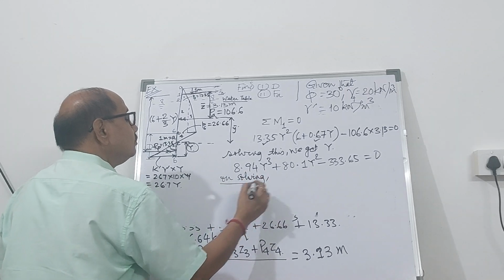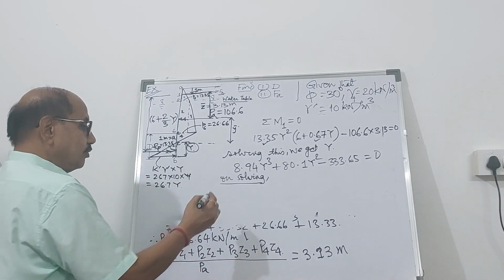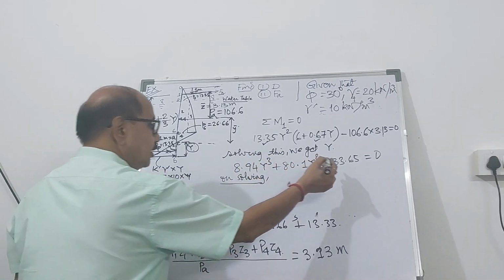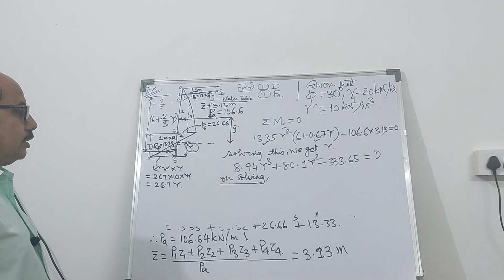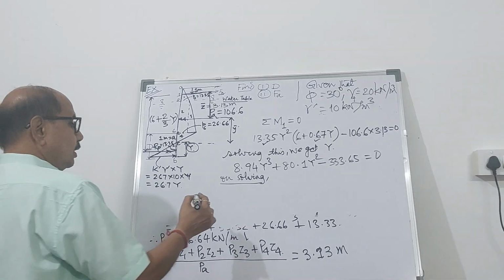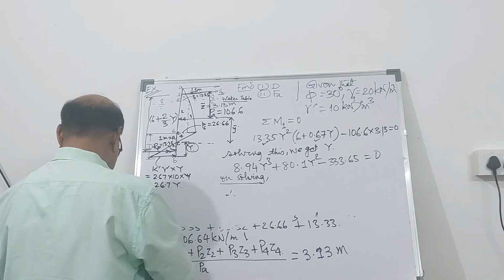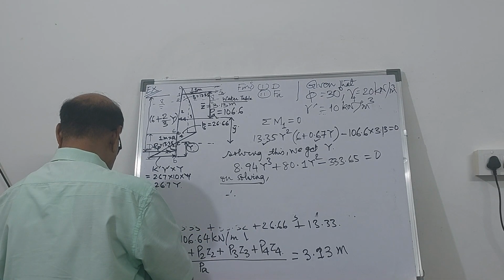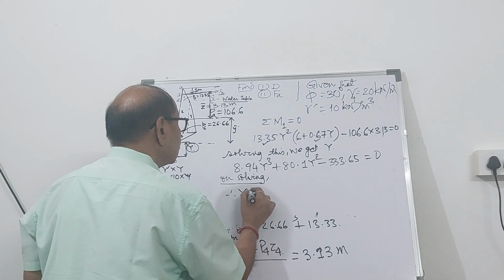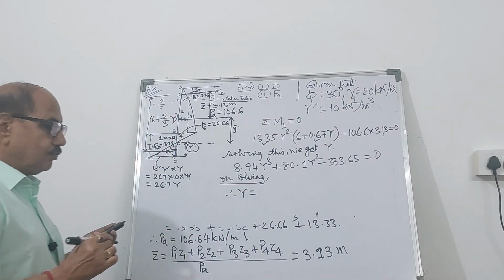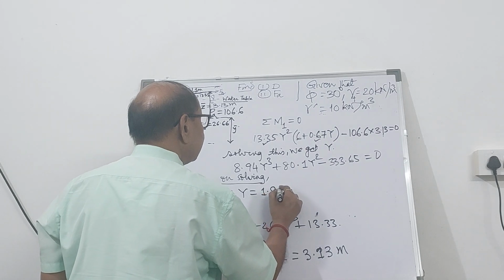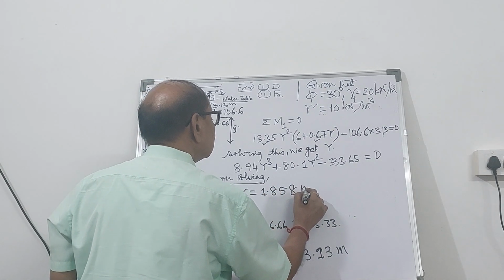this cubical equation, polynomial equation, the value of A is known to you, B is known to you, D is known to you, and therefore this gives you the value of y. So therefore, on solving, we get the value of y equal to 1.858 meter.